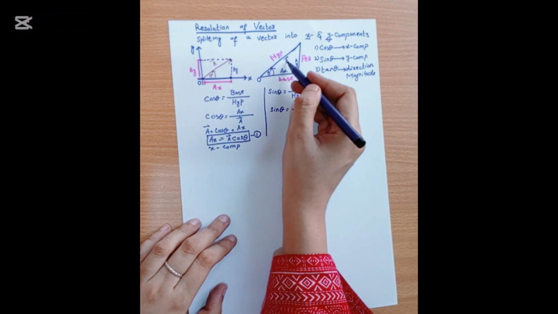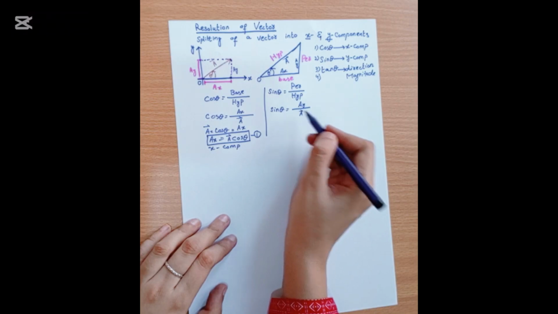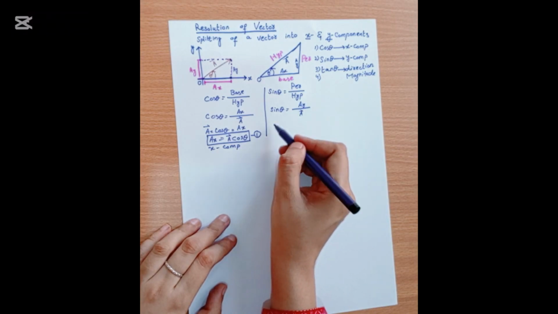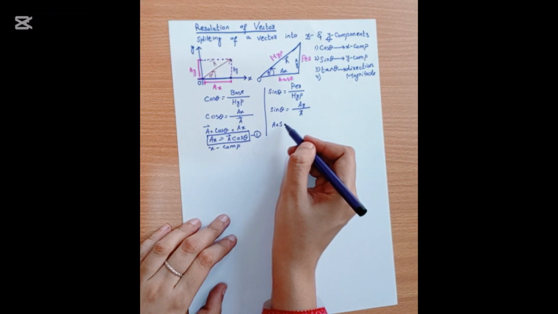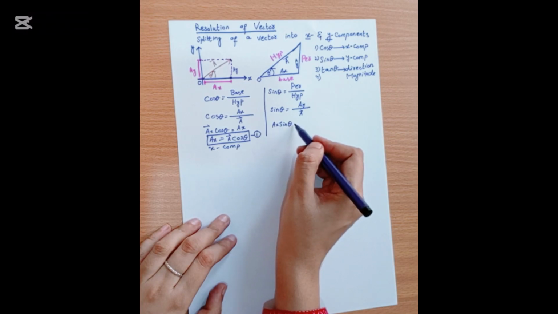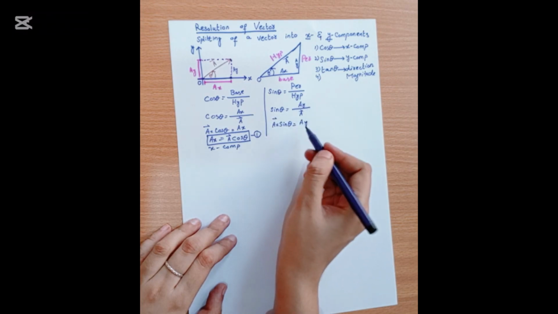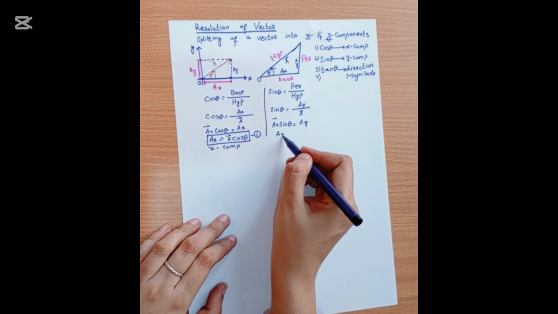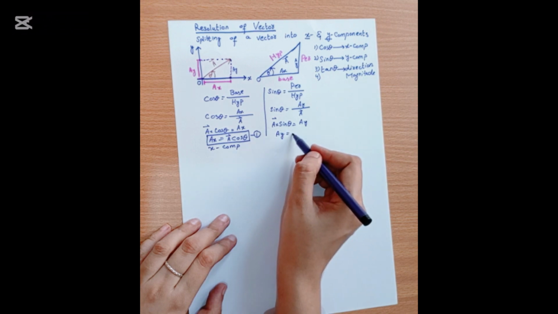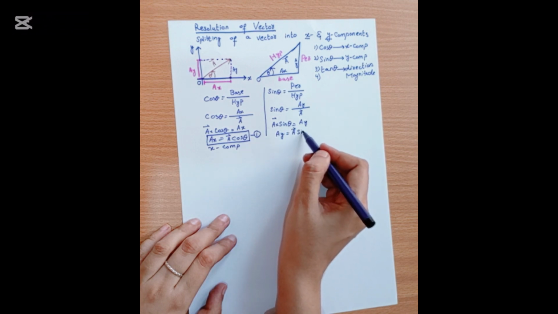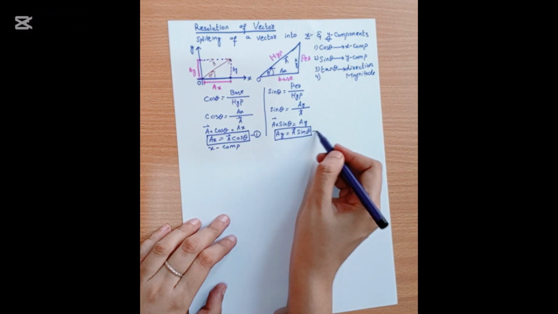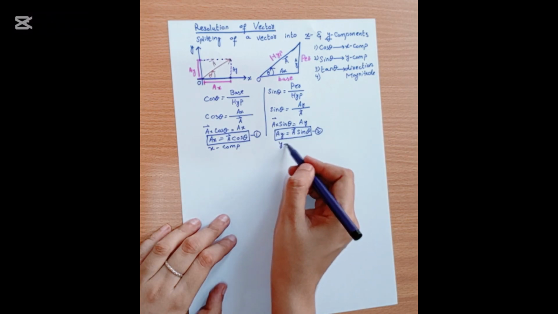On hypotenuse we have vector A. A is dividing here. When I will shift it, it will be A multiplied by sine of theta is equal to AY. On one side of the equation I have AY, on the other side I have A sine of theta. And this equation stands for y component.